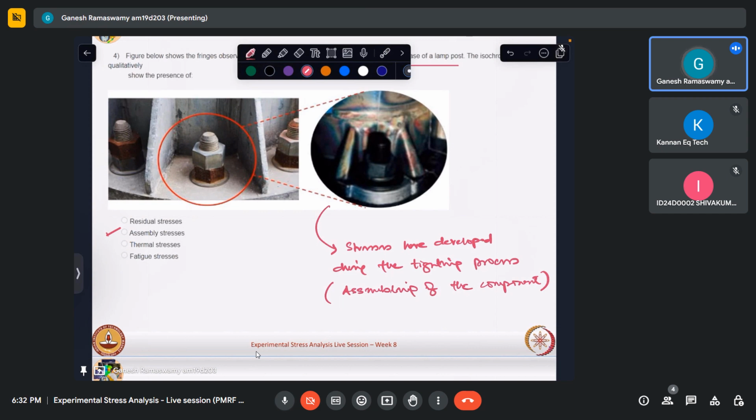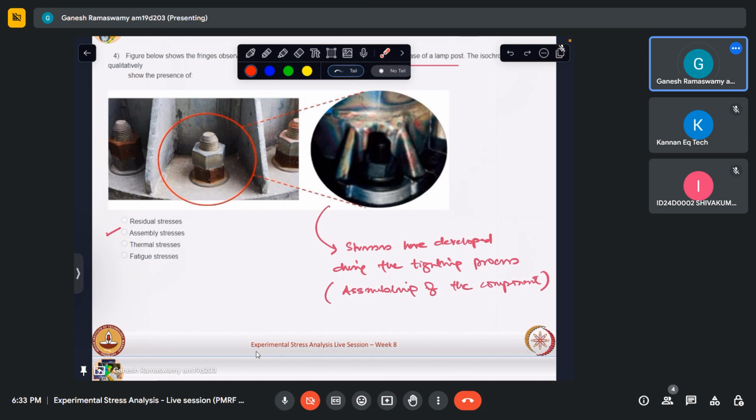The bolt being the same material, due to thermal variation, there cannot be thermal stresses actually present. Thermal strains can be present, but thermal stresses generally wouldn't be present.